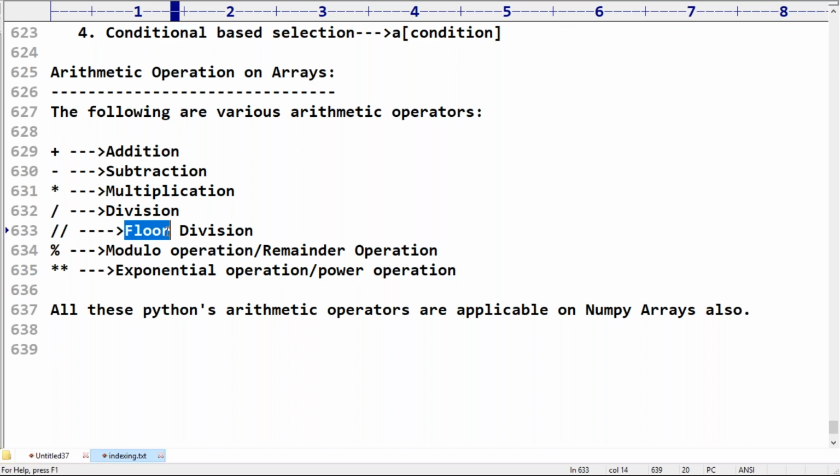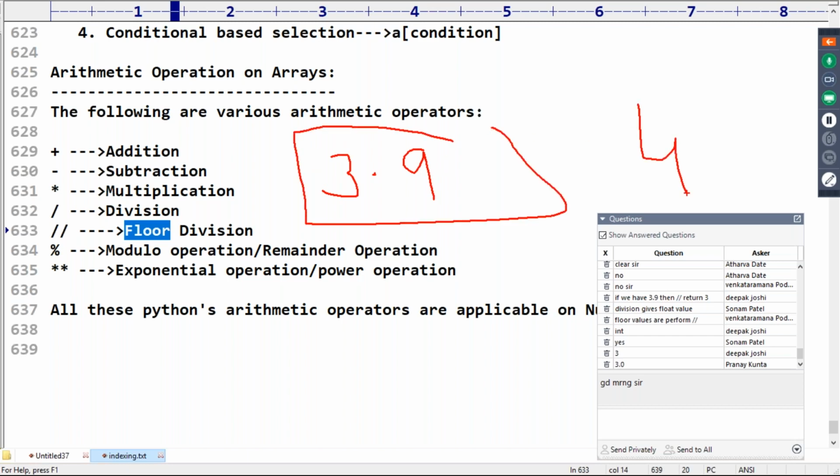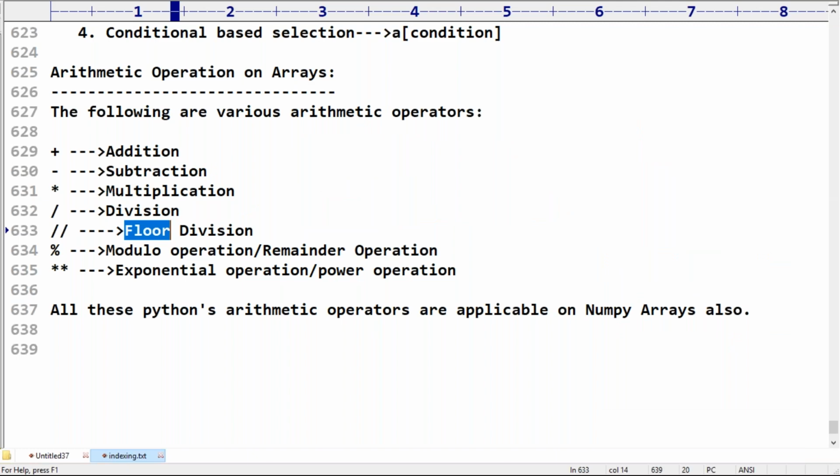Suppose 3.9 is there. The floor value of 3.9 is 3.0, or 3 if it is int. Floor means the previous rounded value. The ceil value of 3.9 is 4, and the floor value is 3. Floor means before.